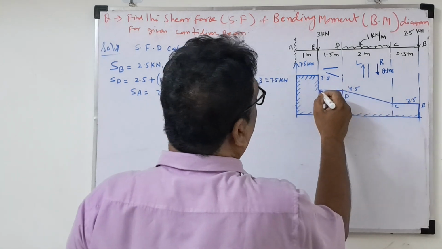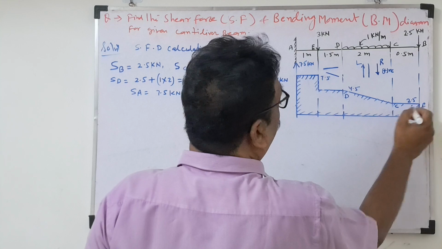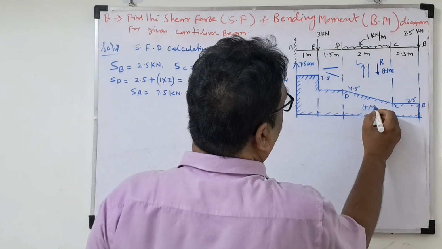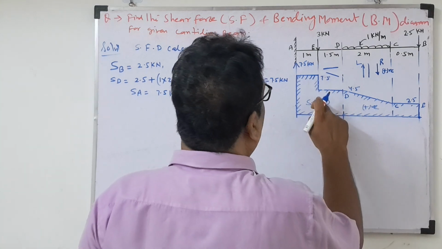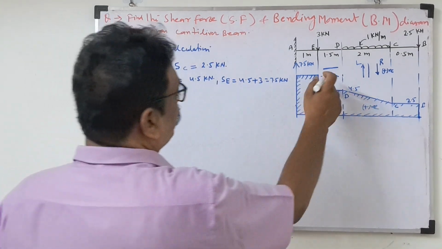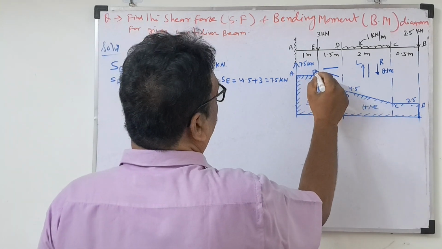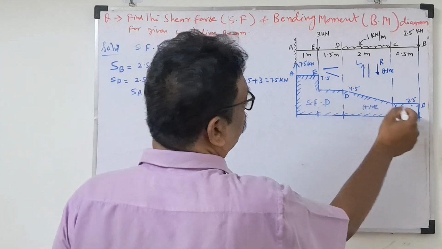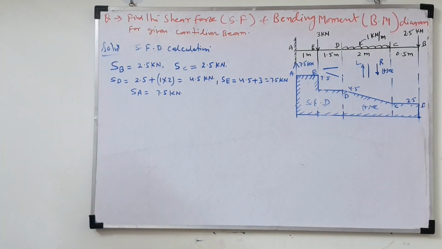So this way we can draw the shear force diagram. You can write positive and shear force diagram. This point is 7.5, this is point A, and these points are E, D, C, B. This is the shear force diagram. Okay, so this way we can calculate.